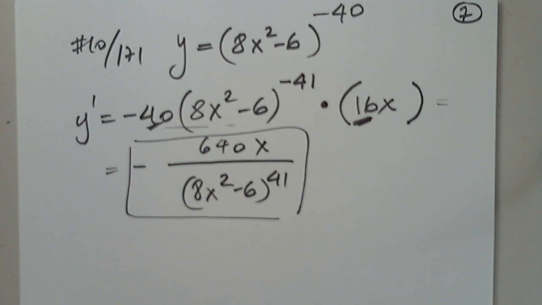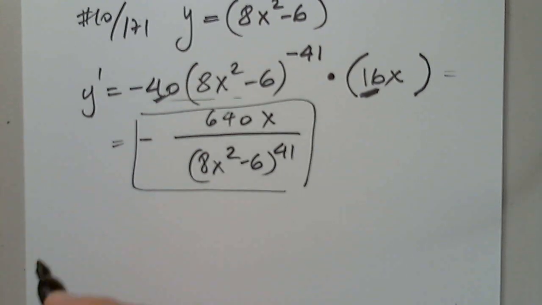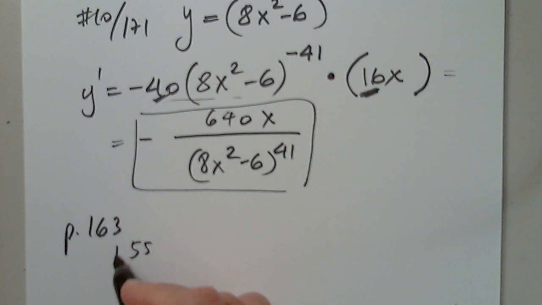I'm trying to find the rate of change of the average cost, profit, revenue. Got it. Page 163. Let's choose a problem. I think we had one, yeah, so let's look at 55.